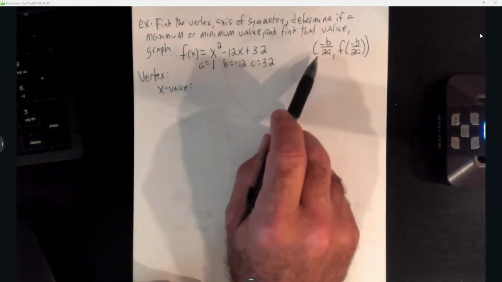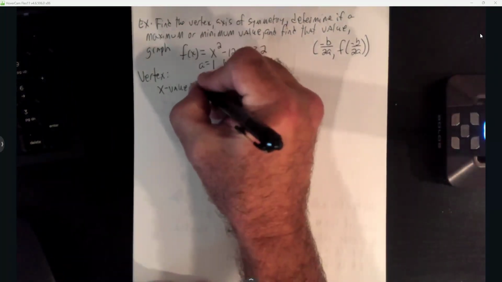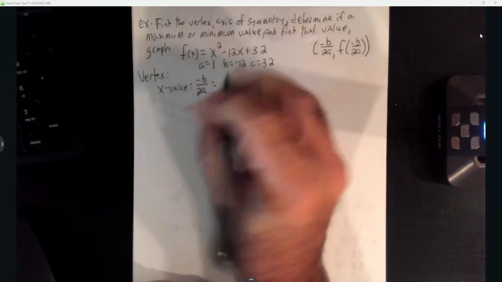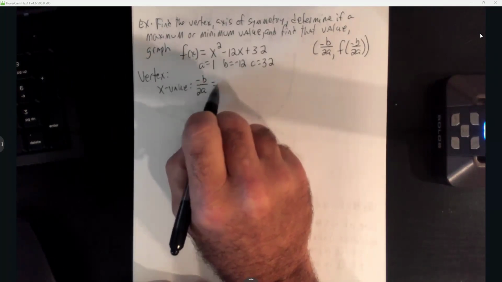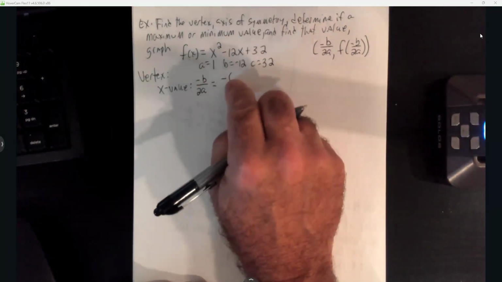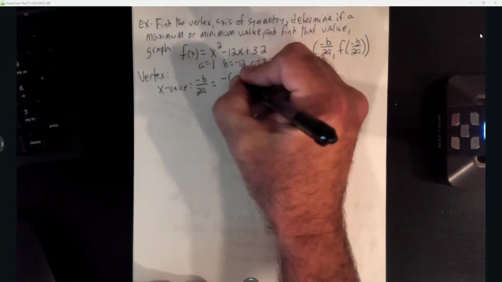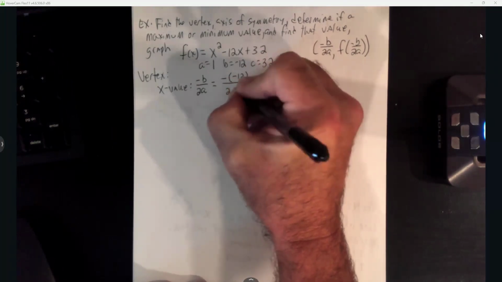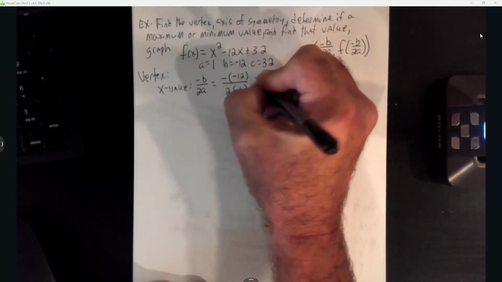All right, so for the x, we need negative b over 2a. Now remember, this negative is in the formula, so you got to write that negative and then put b in. My b is a negative 12, then that's 2 over the a, which is 1.